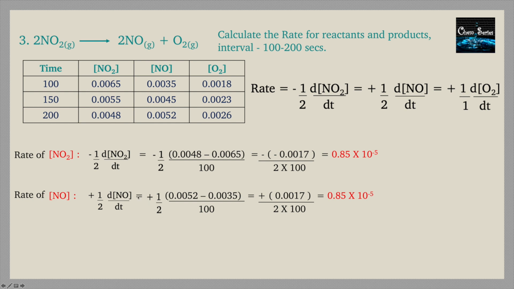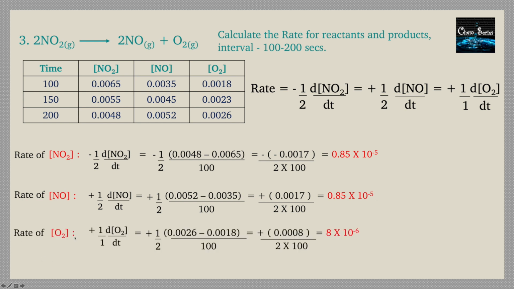So your answer will be plus 1 by 2 into 0.0052 minus 0.0035 divided by 100, your change in time, 200 minus 100, that is equal to plus 0.0017 by 2 into 100, that is equal to 0.85 into 10 power minus 5 molar concentration per second.